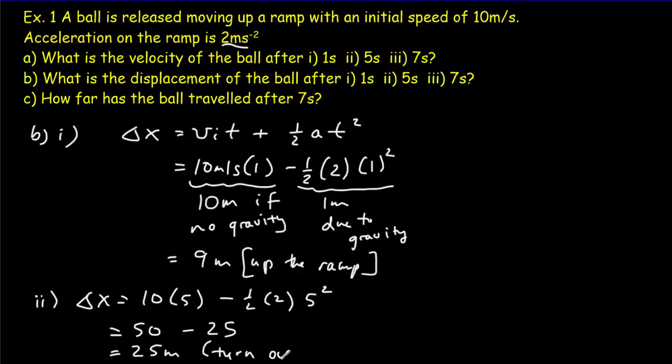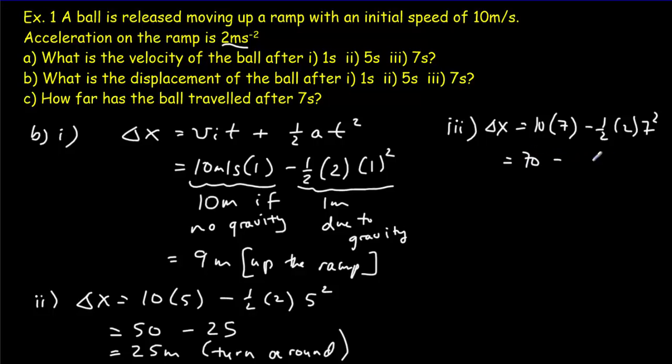So that's the maximum distance that the object's going to go up the ramp. And then in part 3, once again, we would go delta x equals 10 times 7 this time, minus 1/2 of 2 times 7 squared, and we're going to get 70 minus 49, or 21 meters. So it's a positive 21 meters.